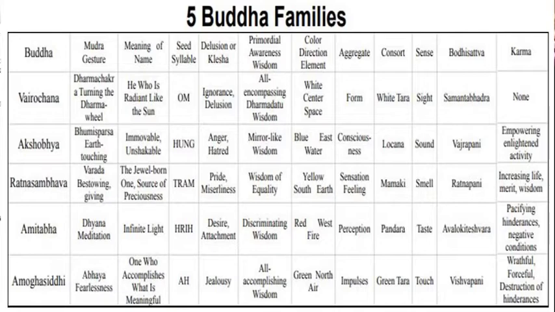Then, in White Tara and some other practices, we invite these five Dhyana Buddhas to come, and they come with their consorts. The consorts hold vases with amrita in them, and they pour water from their vases into us in the form of the deity to purify us.